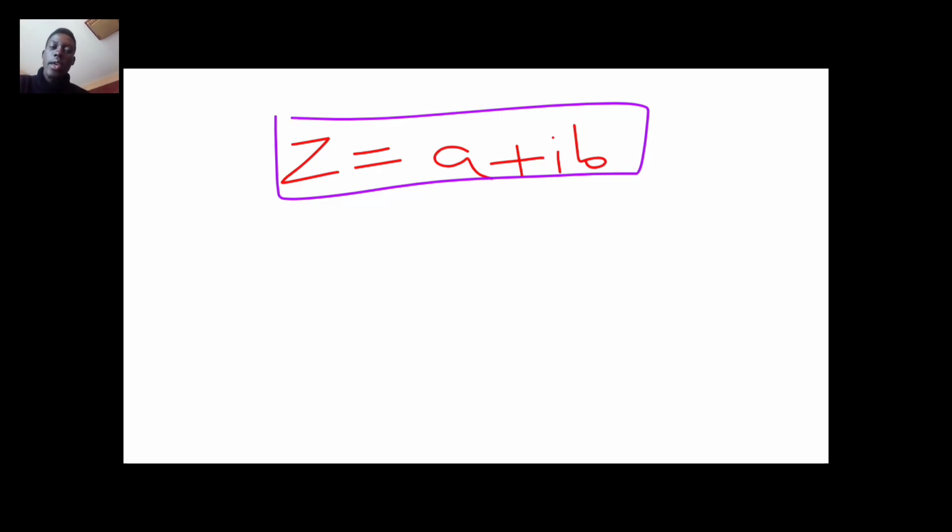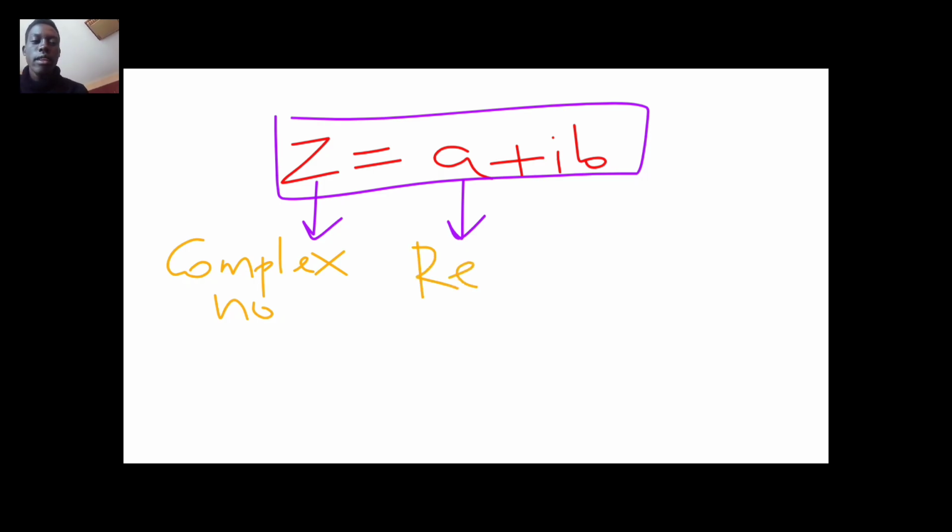It is in the form of z is equal to a plus ib, where z is a complex number, and a is the real part or real number.